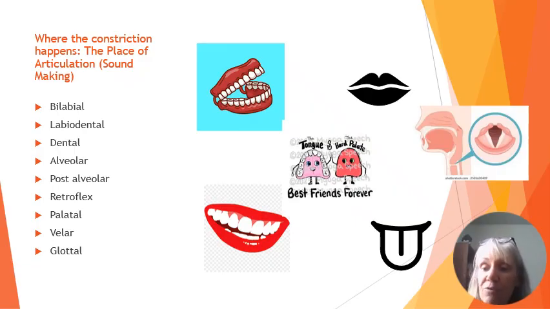Palatal refers to the palate, the hard palate usually at the top of your mouth. Velar is the soft palate behind the hard palate. And glottal refers to the tongue. So just by looking at those words, you should have some idea how this will translate into the place of articulation or the point of articulation.